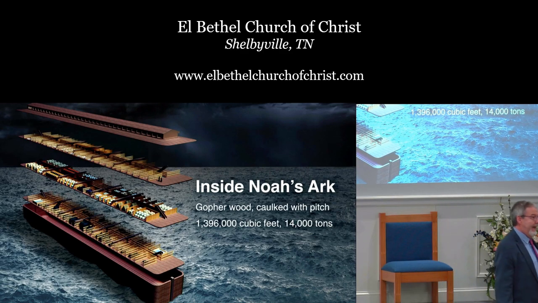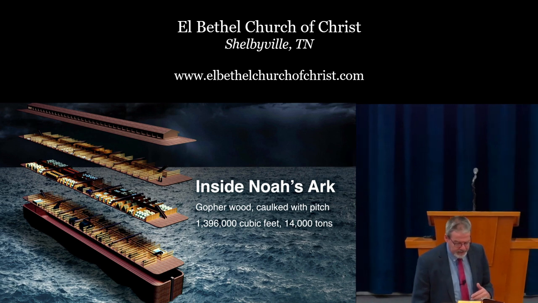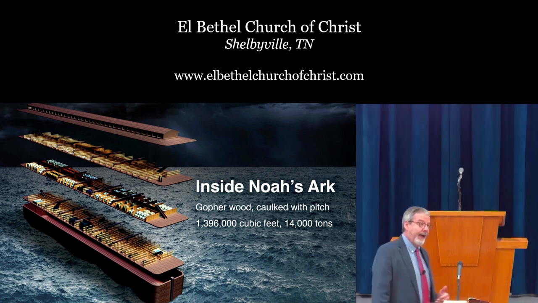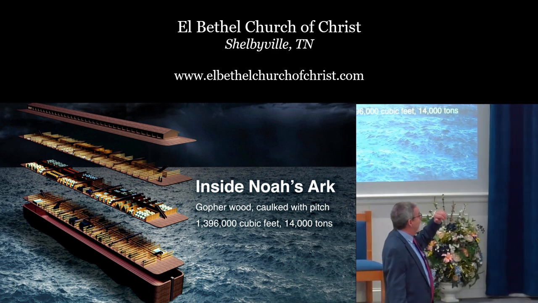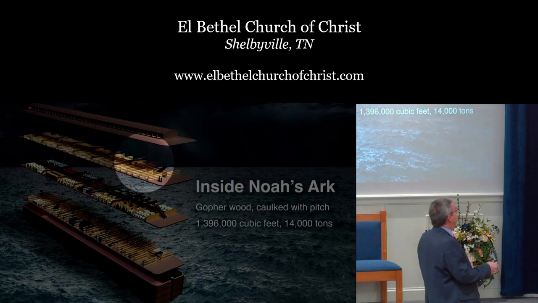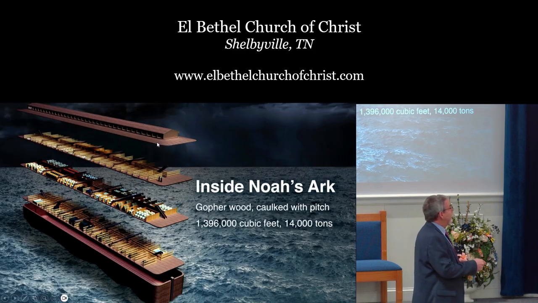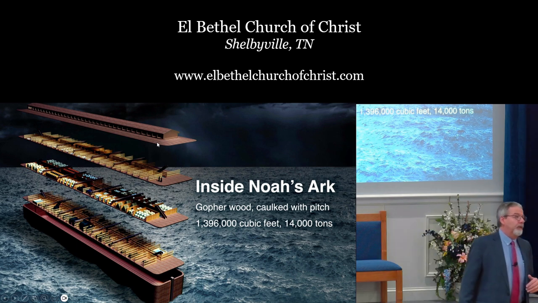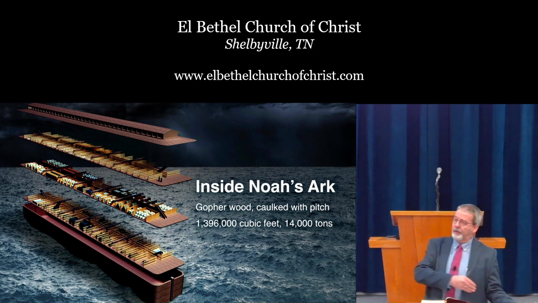There were 3 decks. We kind of skipped over that section. Notice at verse 16, there was a lower, second, and third deck. Exactly what they look like, we don't know. But here's a cutaway version that may give us an impression of that. Now, here's where I was talking about the window or roof may have been something like this. Do I know for sure? No. But the word for roof here is not the same that we find concerning the window in chapter 8.